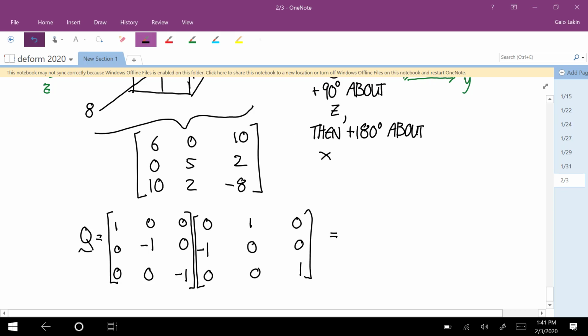Now we'll multiply these two together. You get 0, 1, 0, 1, 0, 0, 0, 0, negative 1.